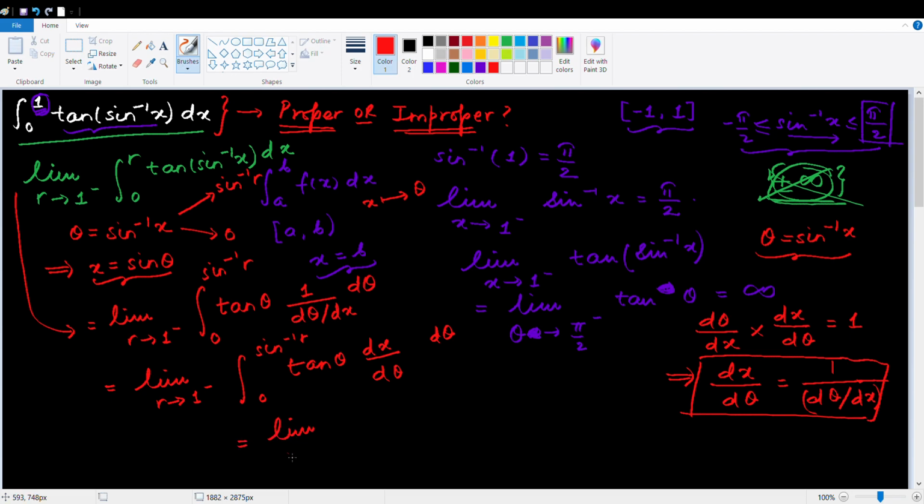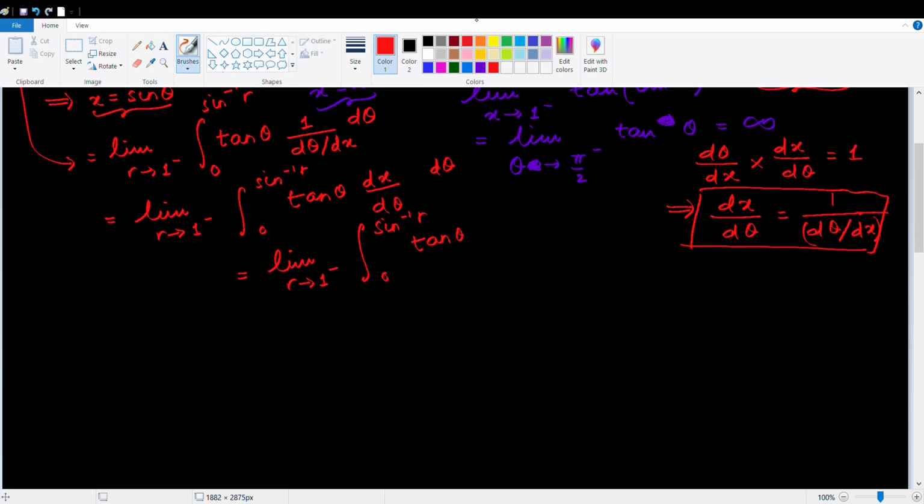the limit r tends to 1 from minus, 0 to sine inverse r. We already have a tan theta over here, and dx by d theta means d by d theta of sine theta, which is equal to cos theta. So I'm going to introduce the factor cos theta over here, d theta.